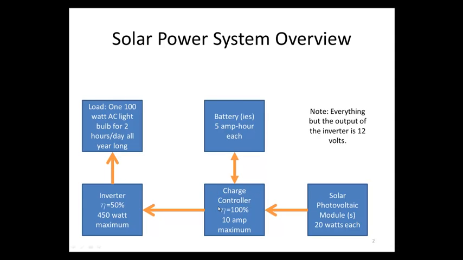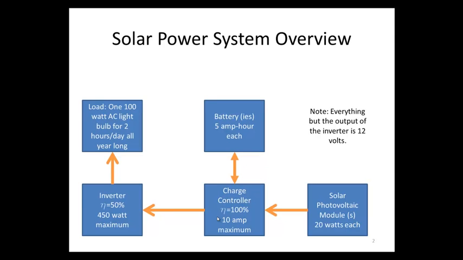This isn't exactly right, but we're going to use 100% efficiency for the charge controller. Normally it's around 80 to 90%, maybe a little higher, but just for simplicity's sake, we're going to use 100% efficiency. We're also going to say that the charge controller provides 10 amps maximum amperage. So that's its upper limit rating, just like the inverter has an upper limit rating.